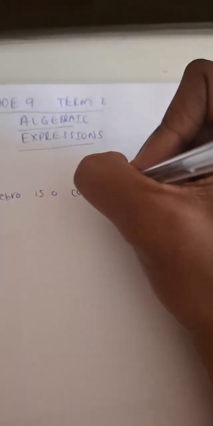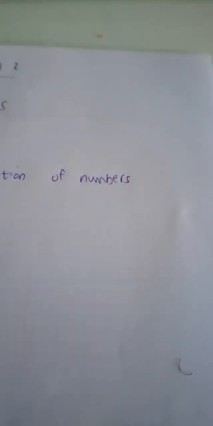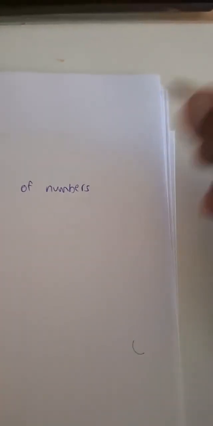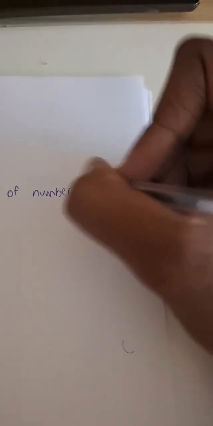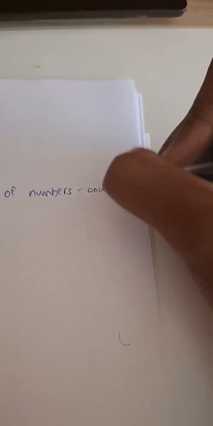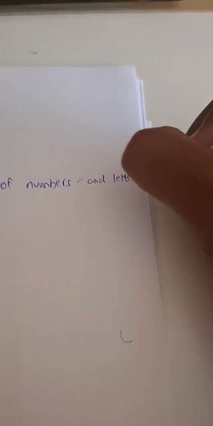It is a combination of numbers. In term 1 you learned about whole numbers, natural numbers, real numbers, irrational numbers, and so forth. So terms are a combination of numbers and letters.